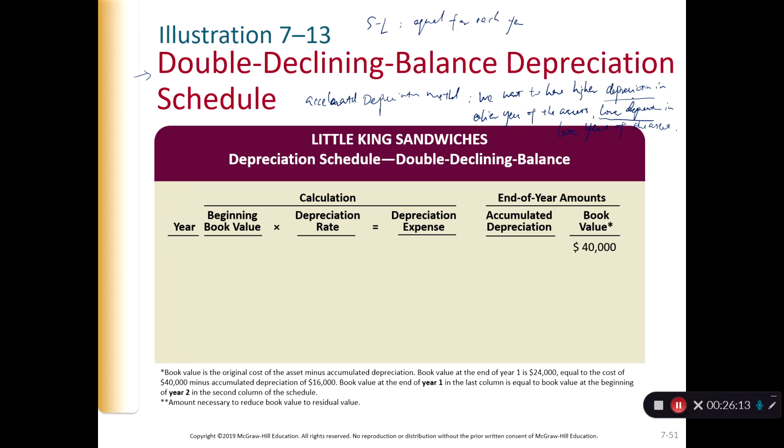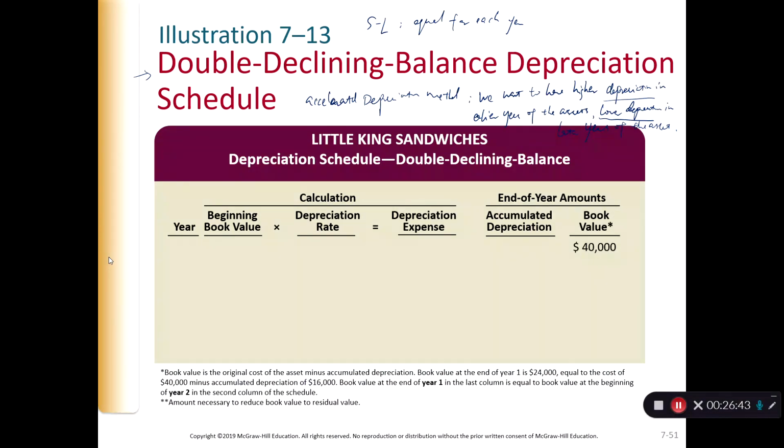The definition of this method is that we use the accelerated depreciation method. Double declining will have a higher depreciation than straight line in the early years, but lower in the later years. However, both the double declining balance method and the straight line method will result in the same total depreciation over the asset's service life.